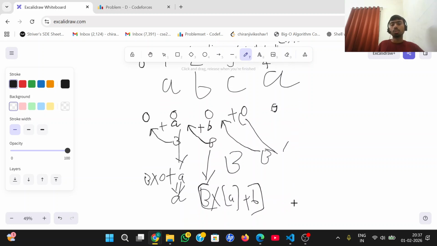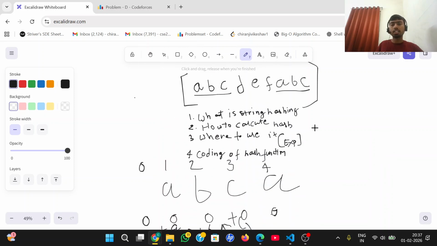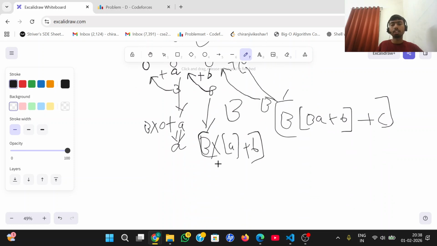So here: base times (base times A plus B) plus C. Here the capital B is the base value, and A and B are the integer values of character A and character B. This is the value of the hash at index 3. This is the value at index 2, and this is the value at index 1.